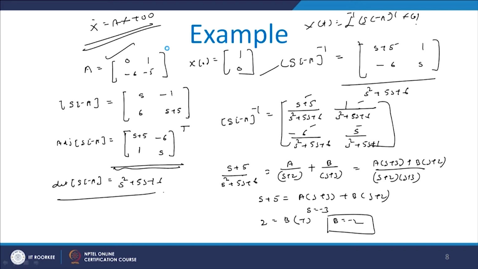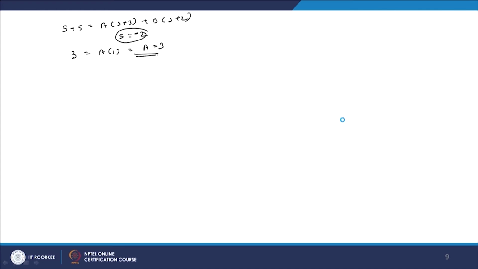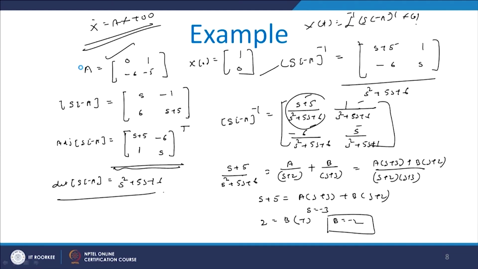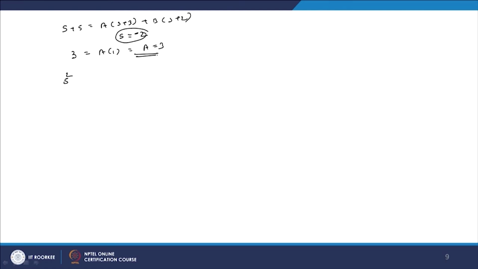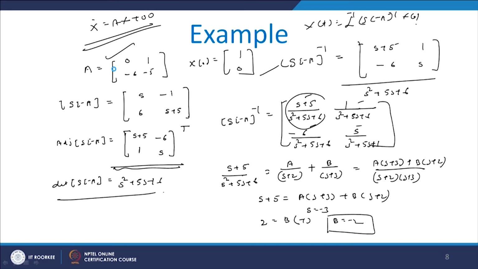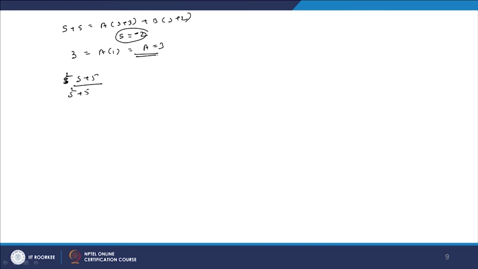Now, if you see this particular part, this will be represented in terms of A and B. So, s plus 5 divided by s square plus 5s plus 6 is 3 by s plus 2 minus 2 by s plus 3.